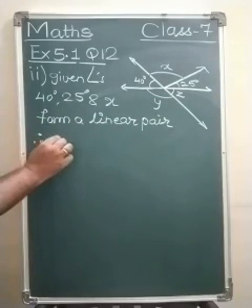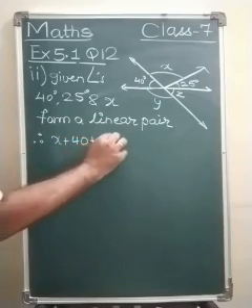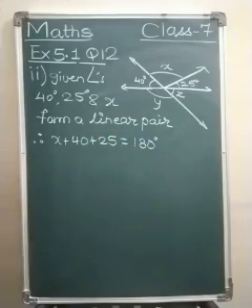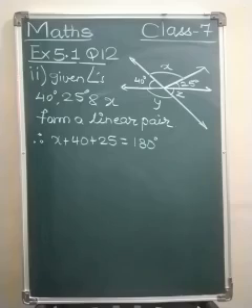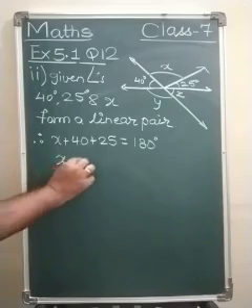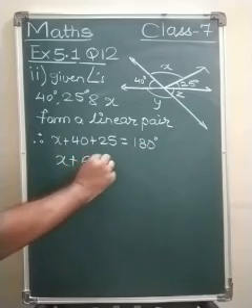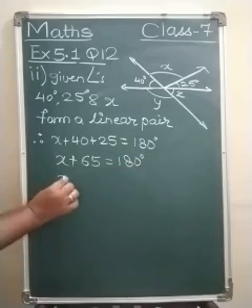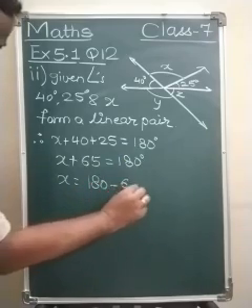Therefore, X plus 40 plus 25 equals 180 degrees. Now we only have to solve 40 plus 25, which is 65. So X plus 65 equals 180 degrees. X equals 180 minus 65.